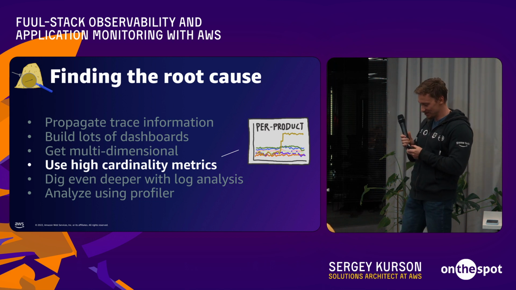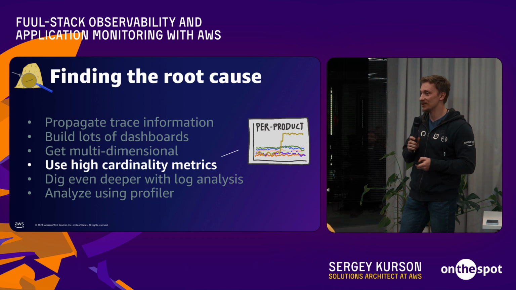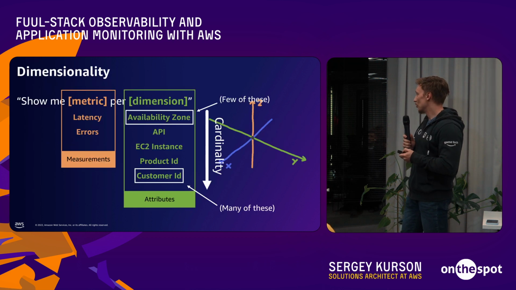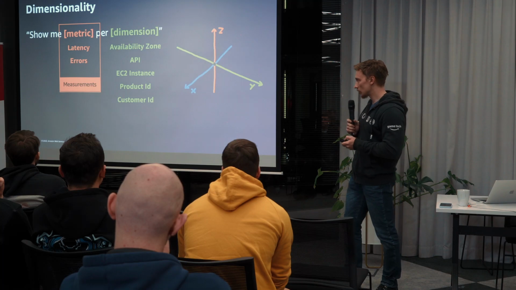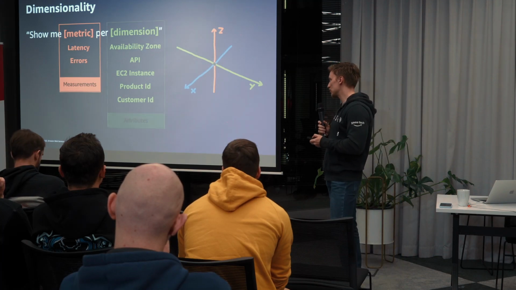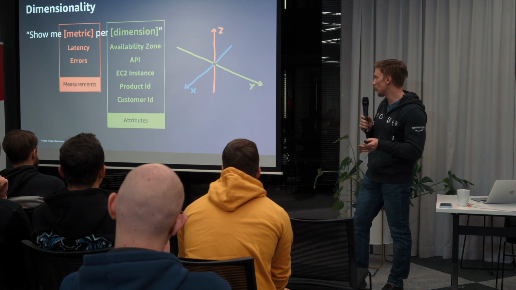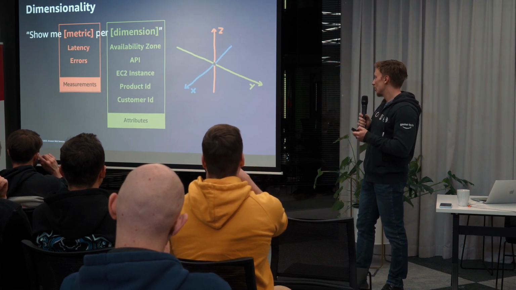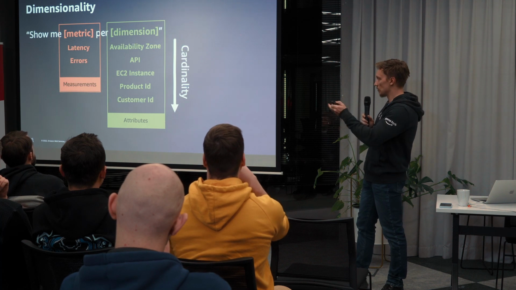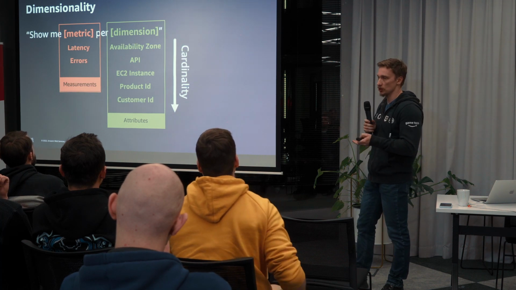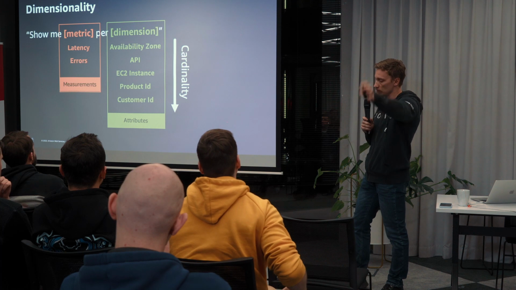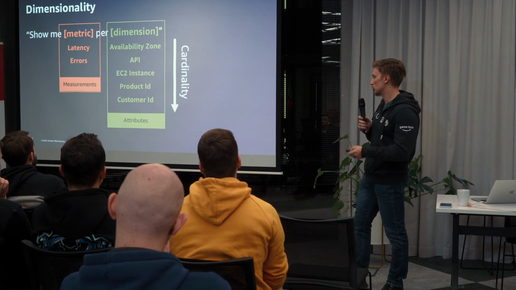But that's not all. We have a very nice concept called high cardinality. So let's talk about dimensionality. For example, we're talking about latencies for APIs, or, I don't know, errors per EC2 instance. Okay, fine. The combination of these two factors is called cardinality. It's the whole spectrum of values that you can get.